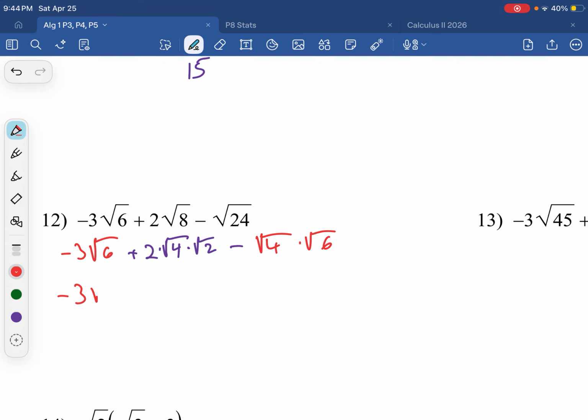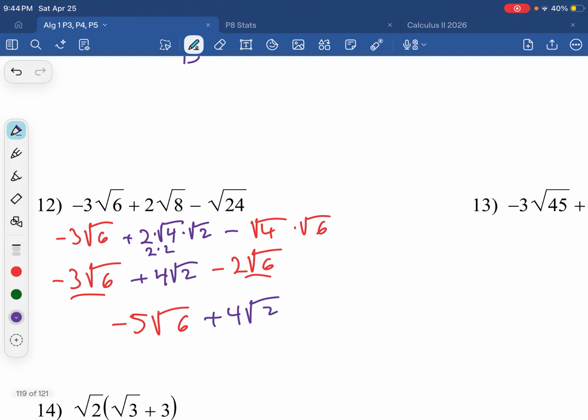So -3 square root 6, this is 2 times 2, so it's plus 4 square root 2 minus 2 square root 6. These are like radicals, so if it's minus -3 square root 6 minus 2 square root 6, this is -5 square root 6 plus 4 square root 2.